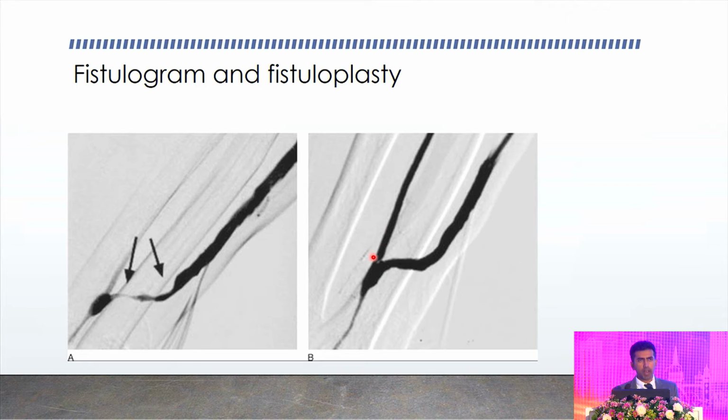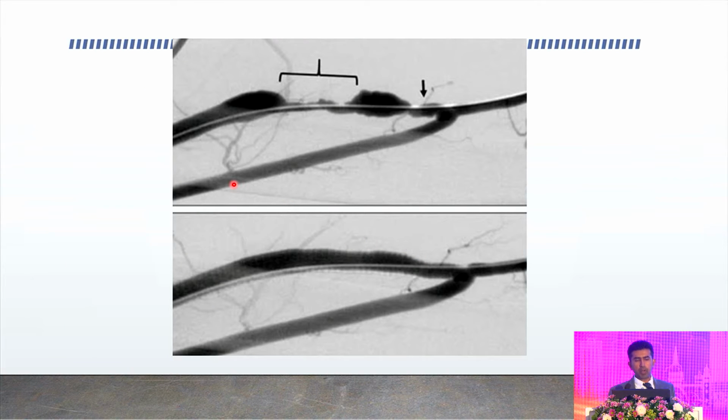As you can see, the final fistulogram demonstrates the restoration of the lumen in the stenotic segment. Another example of a brachiocephalic AVF with another tight stricture in the arm as well as in the juxta-anastomotic venous component. Again, this was treated with balloon-assisted venoplasty.